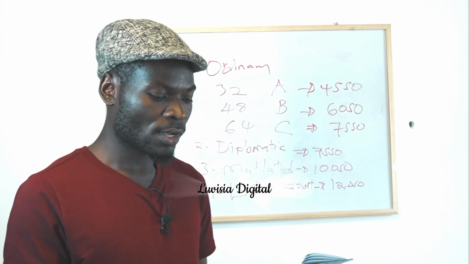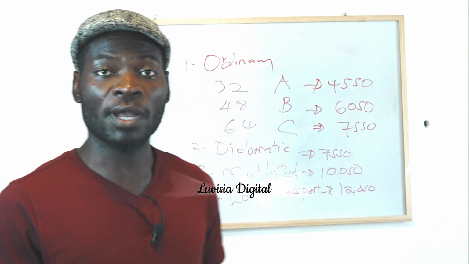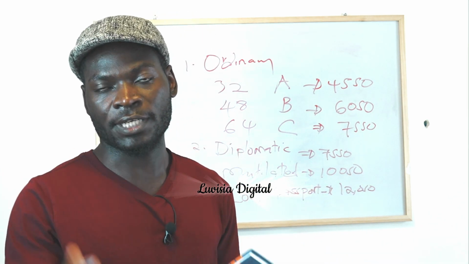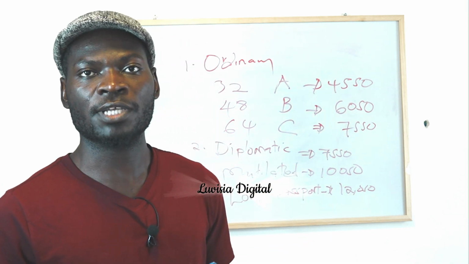Those are the categories of documents you should have. The next part, we are looking at the application process. The passport application process takes place in different stages. The first stage is the online application. Under this stage, you will visit the e-citizen website, the official government website.